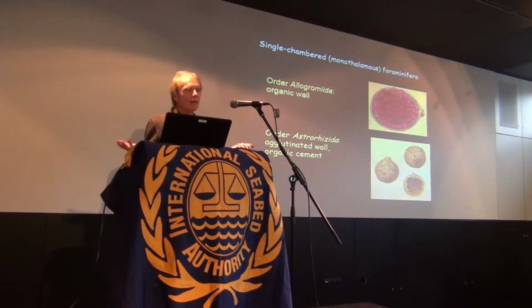We now know that these 2 orders are hopelessly polyphyletic. That means that they are not natural groupings, and so it's no longer advisable to recognize these 2 groups as formal taxa.